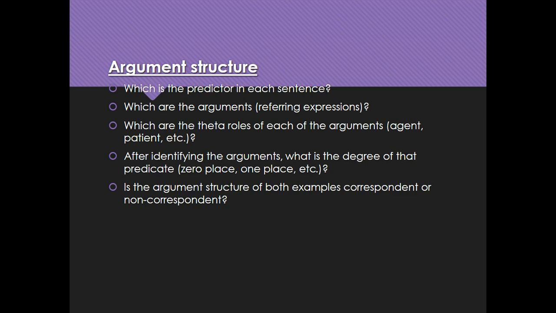your concluding remark has to do with the fact that you need to state if the sentences at stake, the examples at stake, are correspondent or non-correspondent. And in this analysis, in which we are taking into account two different perspectives, a syntactic one and a semantic one, you should be able to state if they are correspondent or non-correspondent in both senses.